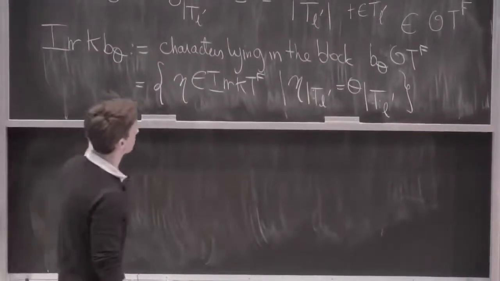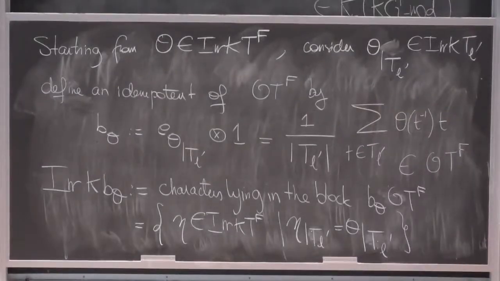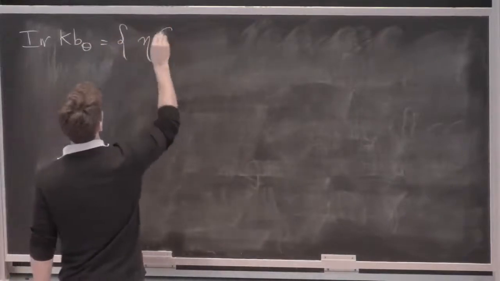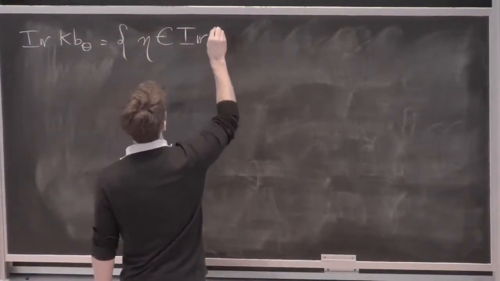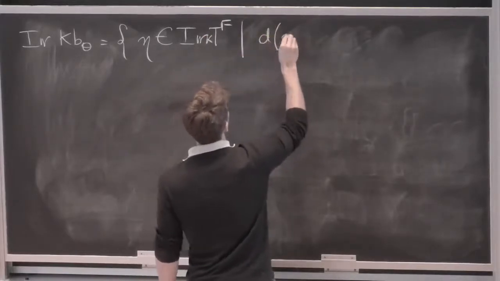But there is another way to say it, in terms of the decomposition map. It will be the characters of the torus which have the same decomposition as theta.